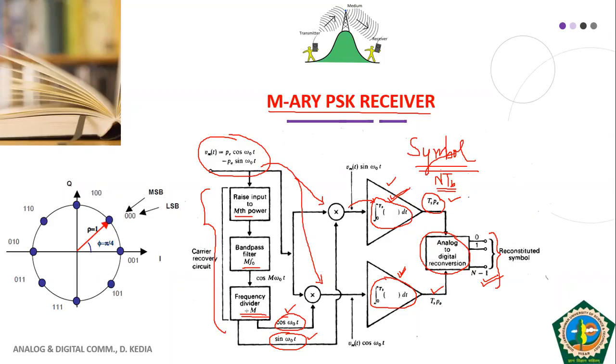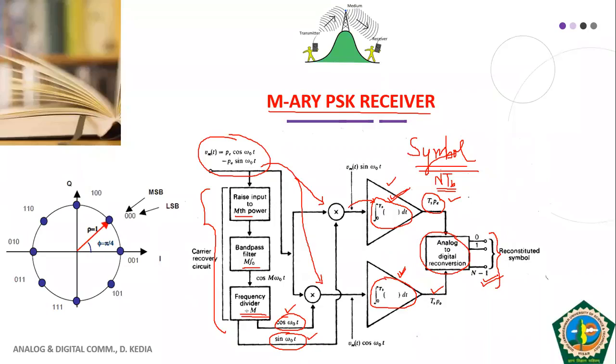Though the mathematical analysis of this may be quite involved, we need not go into the detail of that. You may restrict yourself to the mathematical analysis up to quadrature PSK only.